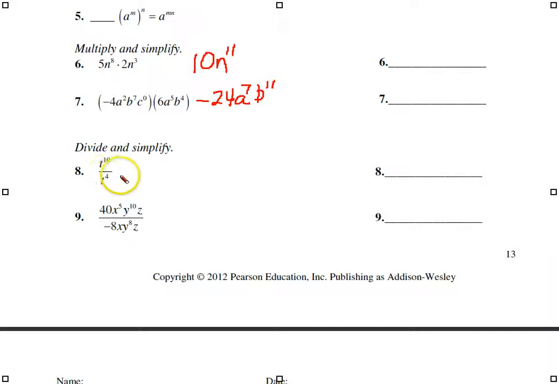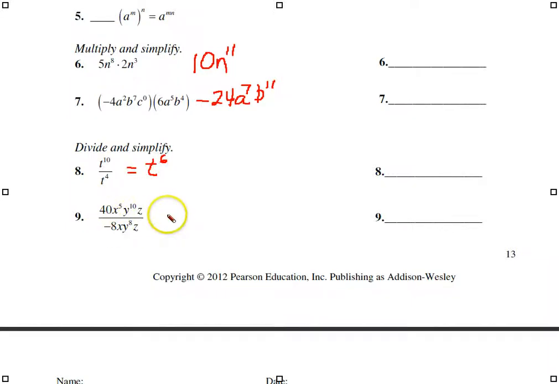In example 8, here we're dealing with quotients, so we're going to subtract the smaller from the larger. We want to keep the exponents positive. So as we bring up the 4, as it crosses this division bar, it changes its sign and becomes a negative 4. So this then becomes t to the 6th.